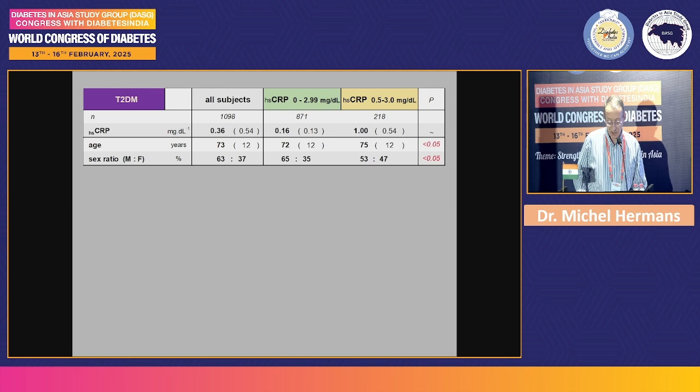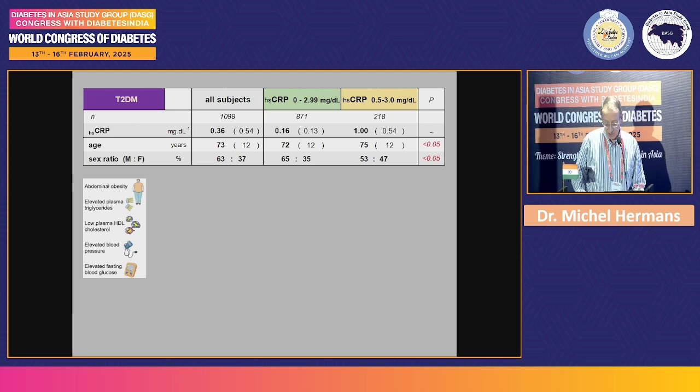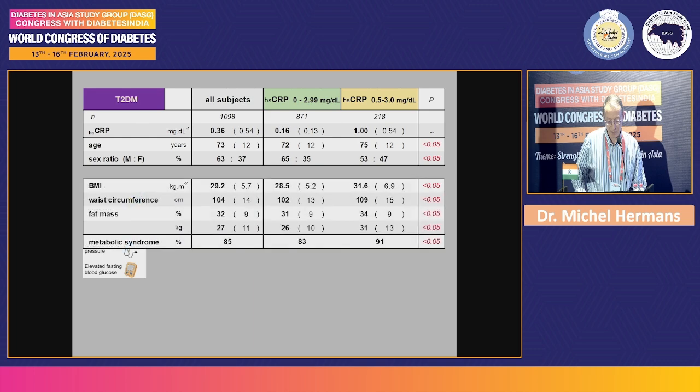They are slightly older and there are more male subjects. There are definitely more obese. This is a type 2 population, so most of them are obese anyway, but having inflammation is associated with a 3 units increase in BMI, 7 centimeters increase in waistline, and a 3% increase in fat mass, which translates into 5 kilograms.